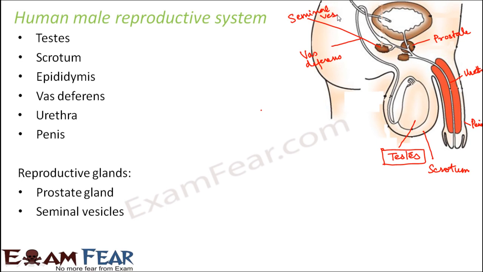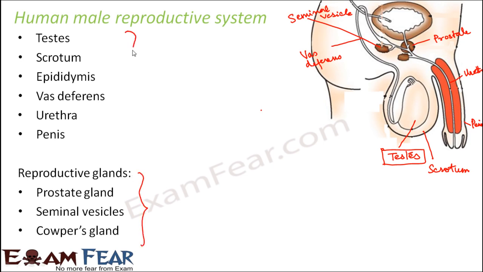And you have another gland, that is the Cowper's gland, also known as the bulbourethral gland. This is another gland. These are the three glands which play a very important role in the process of gametogenesis in human males. Now, we will talk about each of these parts in more detail.